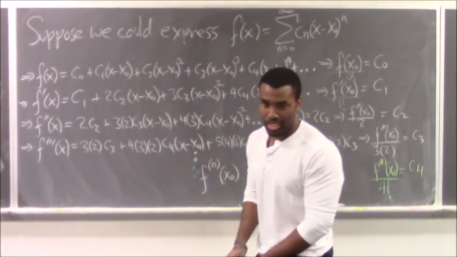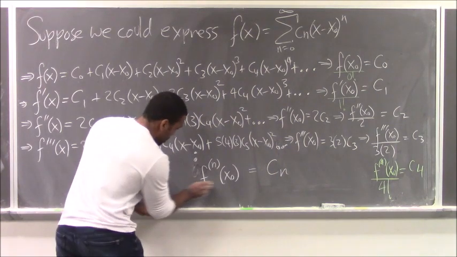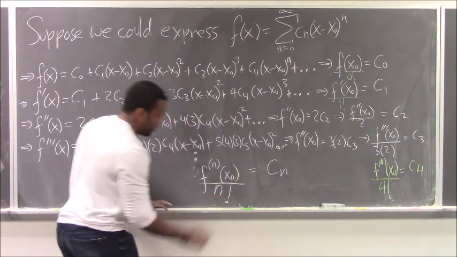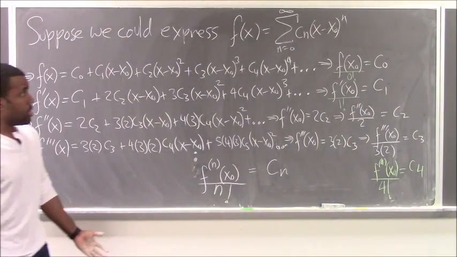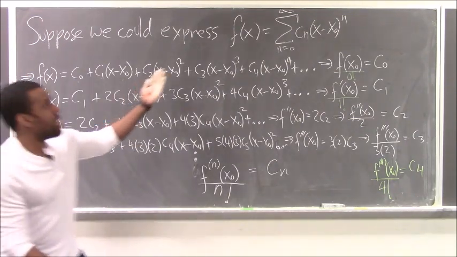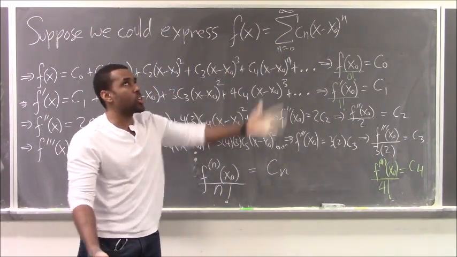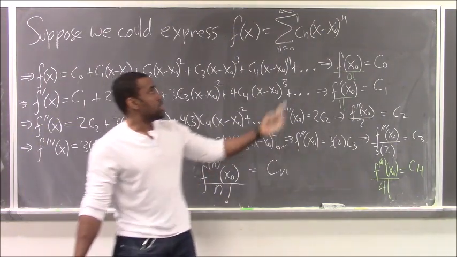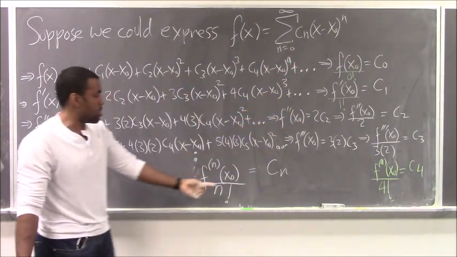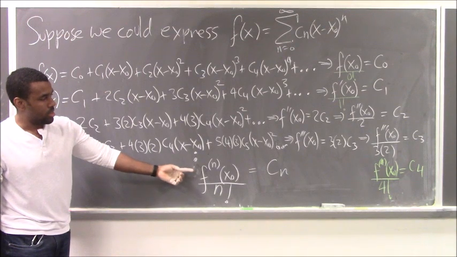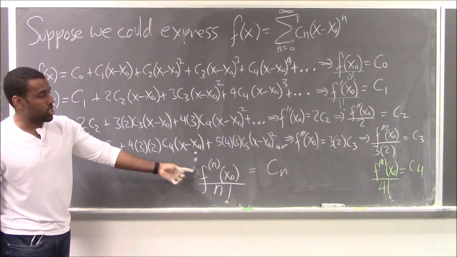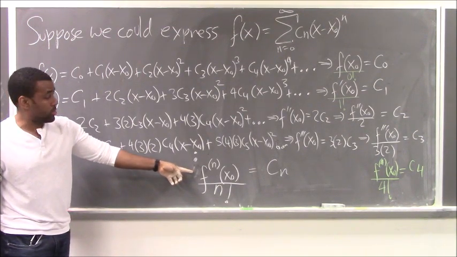David fell asleep on us there. In other words, if I pretend that this was possible, a consequence would be that the coefficients would have to follow this pattern. I can figure them out just by taking multiple derivatives.